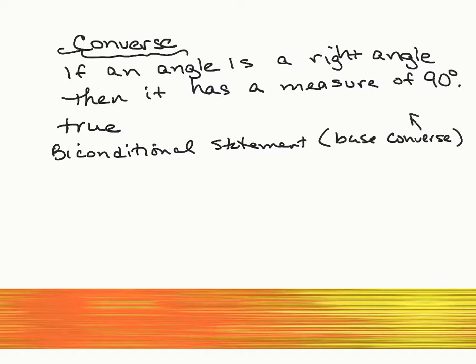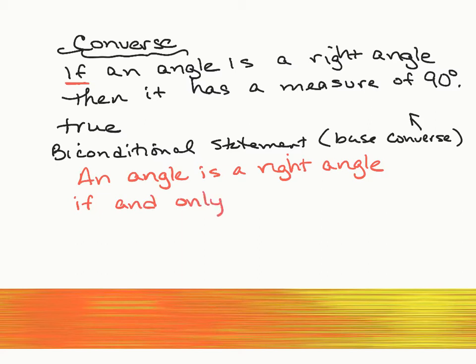When you write the biconditional, we take out the words if and then. My biconditional is going to be: an angle is a right angle, and where the word then was, I put if and only if, it has a measure of 90 degrees.